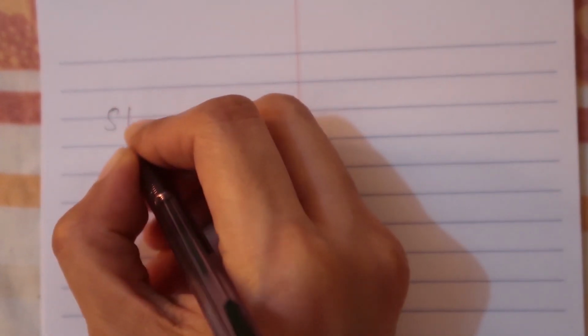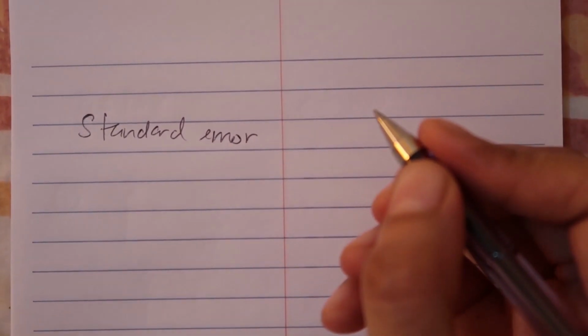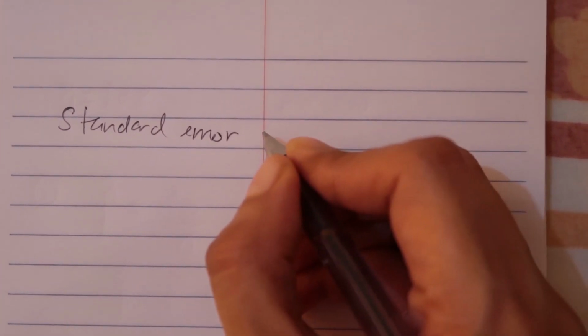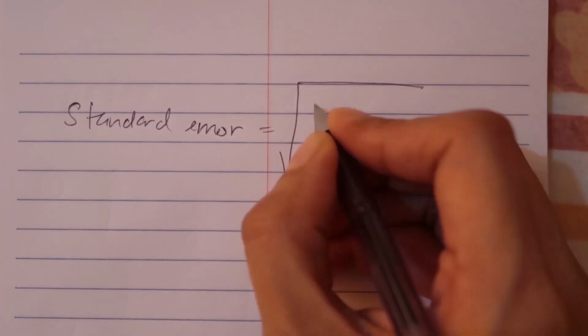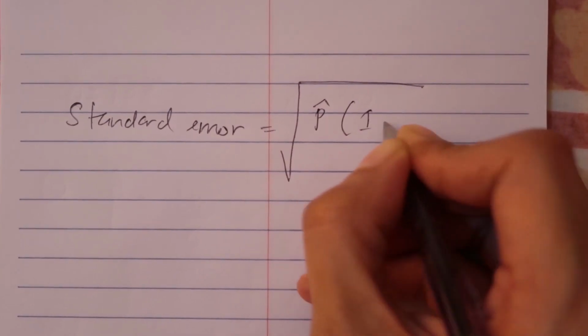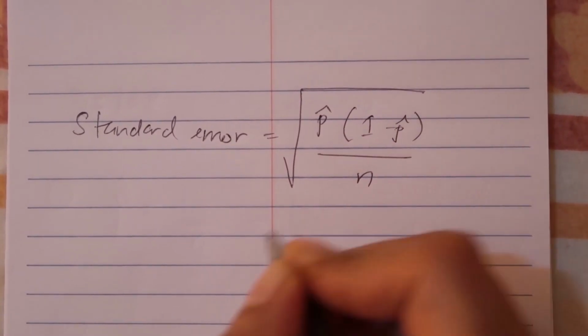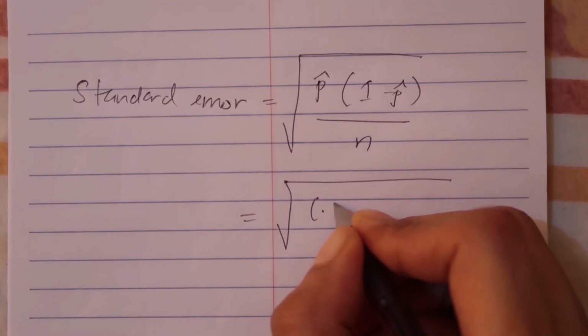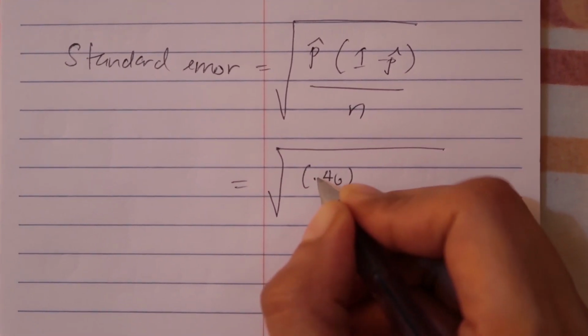So for the standard error, another term for standard error is the standard deviation of the sample proportion. So that will be equal to the square root of p hat multiplied by 1 minus p hat over n. So your p hat is 0.46.